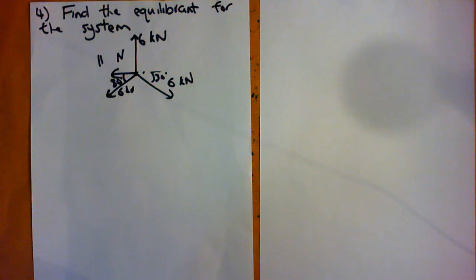So that gives us a way of finding the equilibrant. We first strive to find the resultant and reverse the direction. For question 1, we were talking about finding the analogy of displacement.